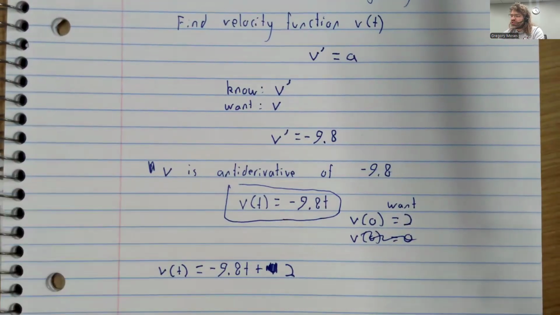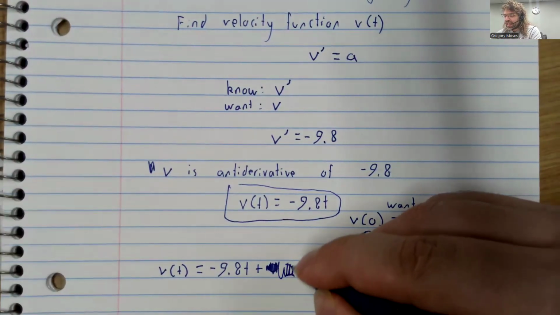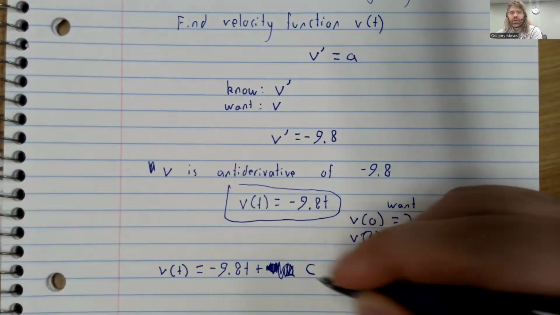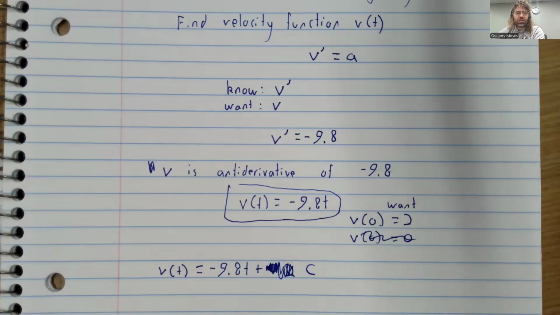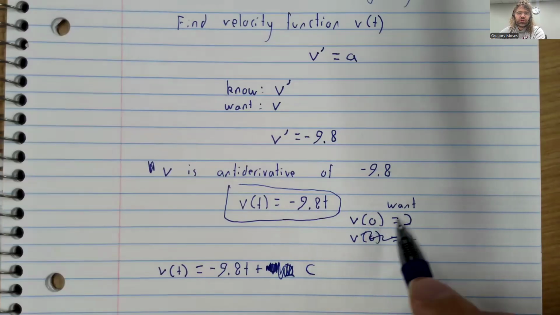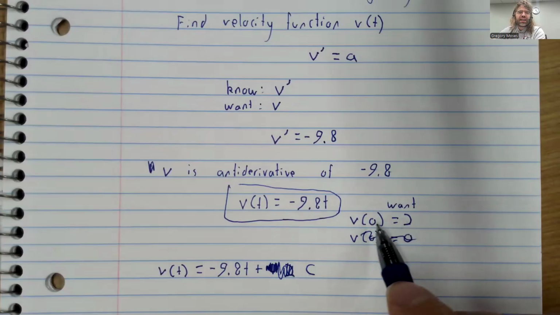We say, well, once we found an antiderivative, we found all the antiderivatives. In this case, they're negative 9.8t plus a constant. And then we select a value of a constant so that the thing we want to be satisfied is satisfied.